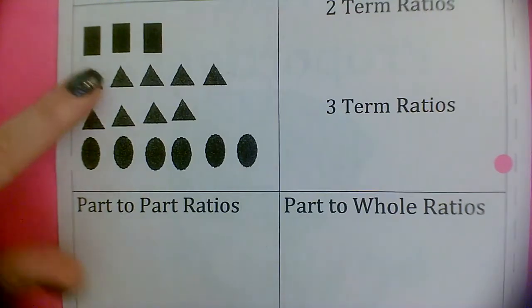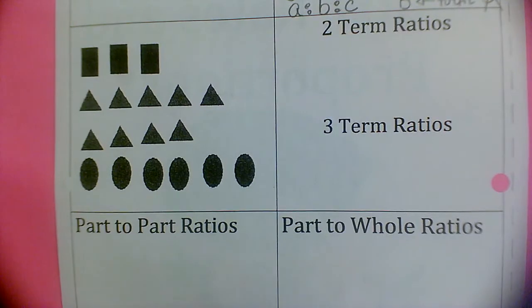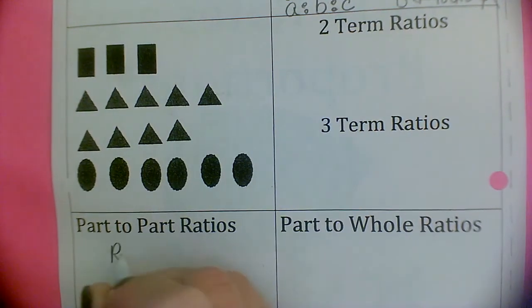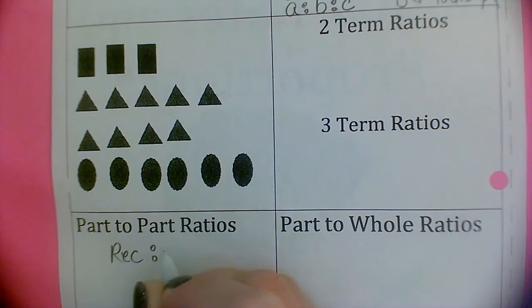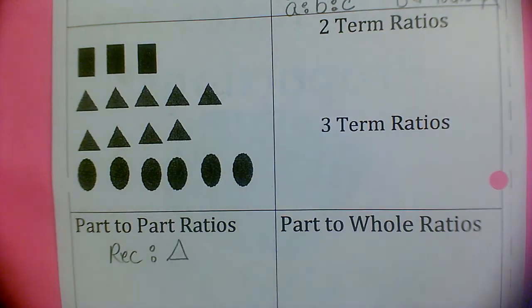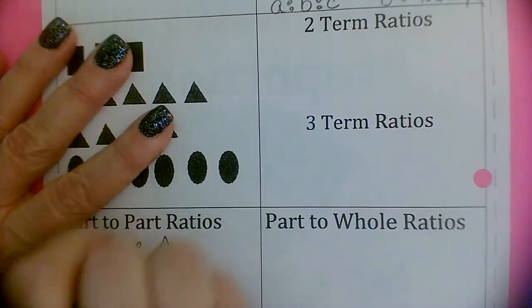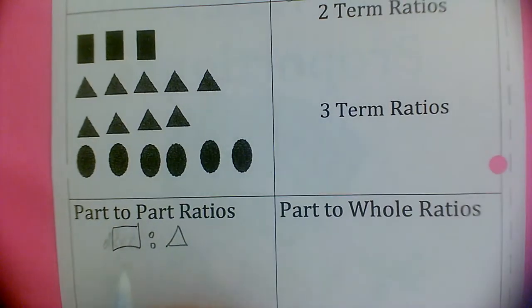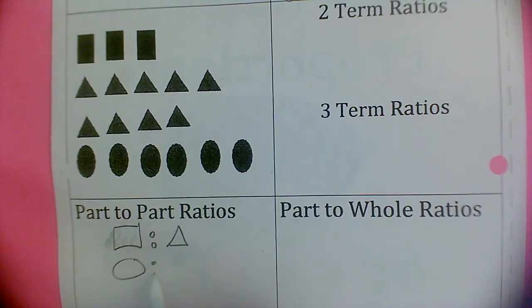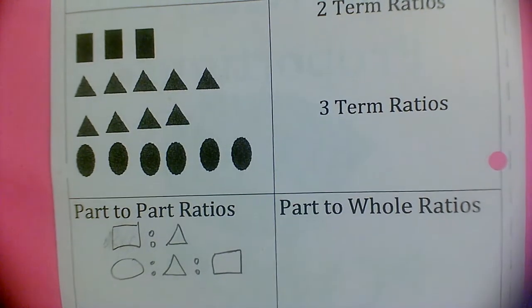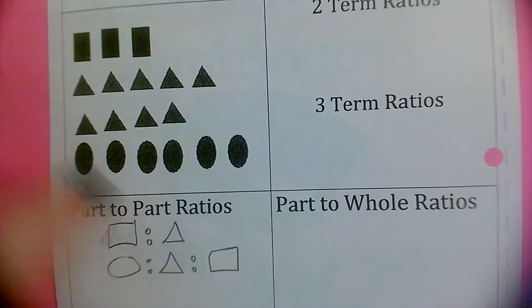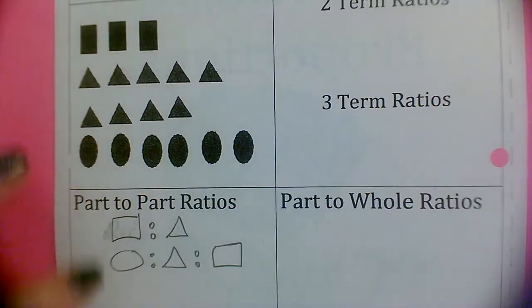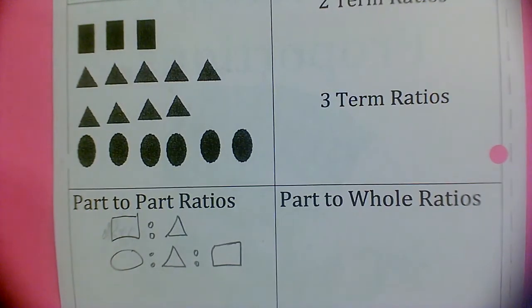So if I'm using this idea, part to part would be like a rectangle to a triangle. I'm just going to use the figures rather than the words. Rectangles to triangles, or ovals to triangles to squares. It's a part to another part.